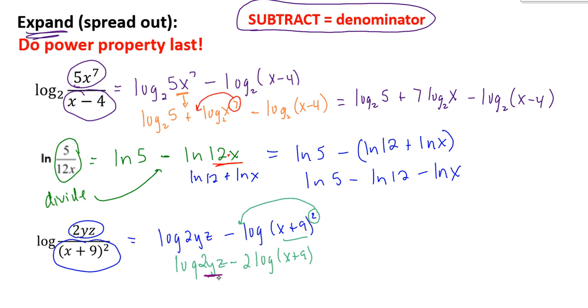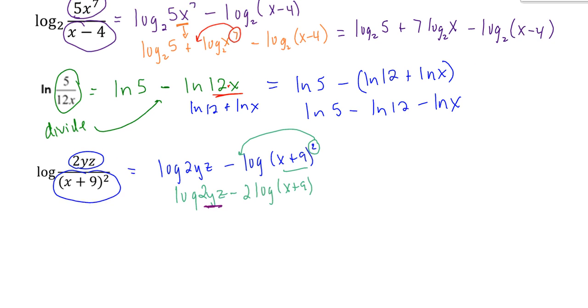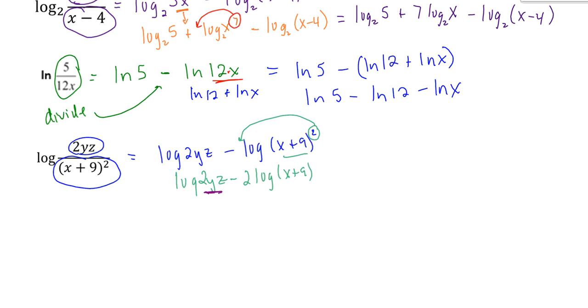Again, right here, you'll notice some things being multiplied together, which means everybody's going to get their own log. So 2 gets a log, y gets a log, and z gets a log. They're all being multiplied, so all of them are going to be added. And then you've still got this guy, so minus 2 log parentheses x plus 9.